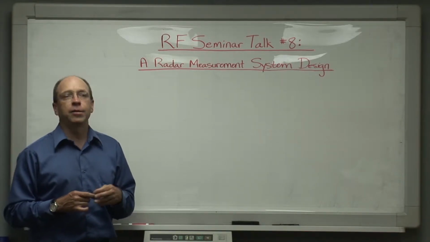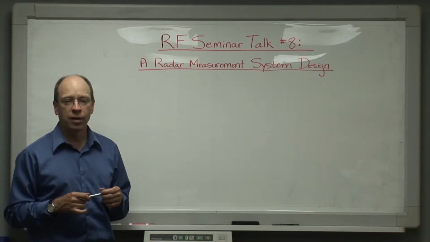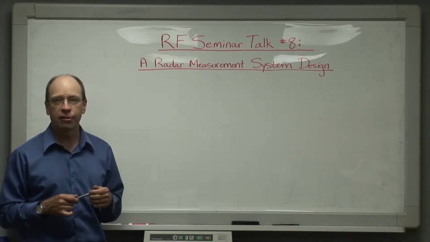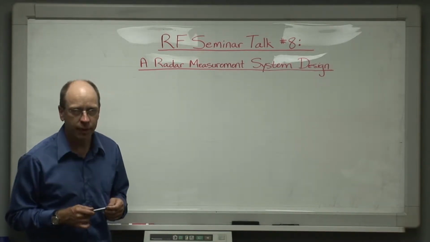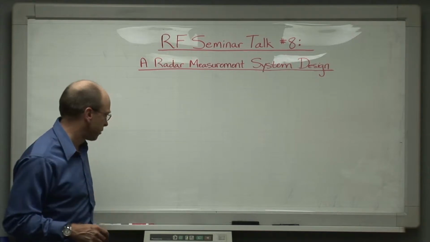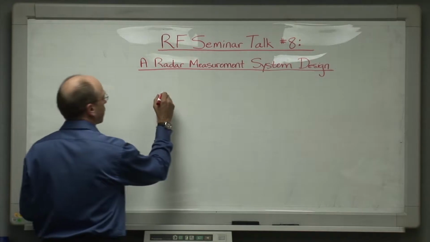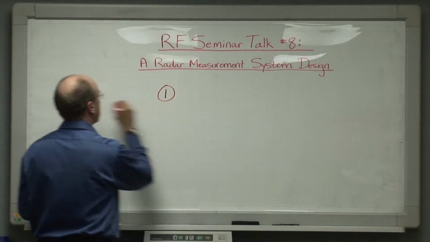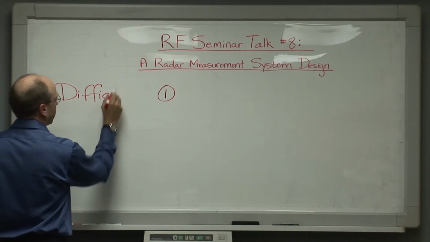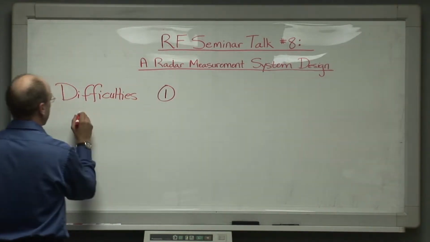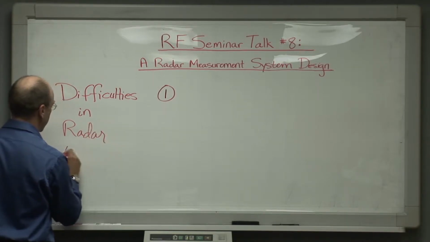Now, in the talks up to this point, we've examined the problems of how general radio spectrum measurement systems work. We've also, in the most recent talk, number 7, discussed the difficulties of measuring radar emissions. And I'm going to briefly recap what the problems are. There are really 3 major problems, or difficulties, in radar emission measurements.